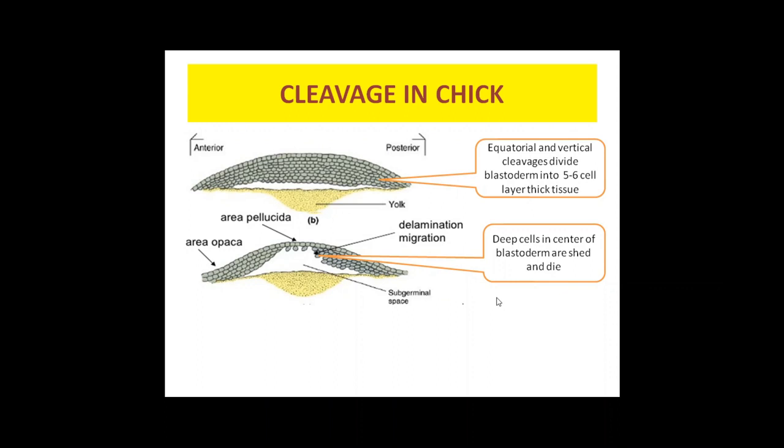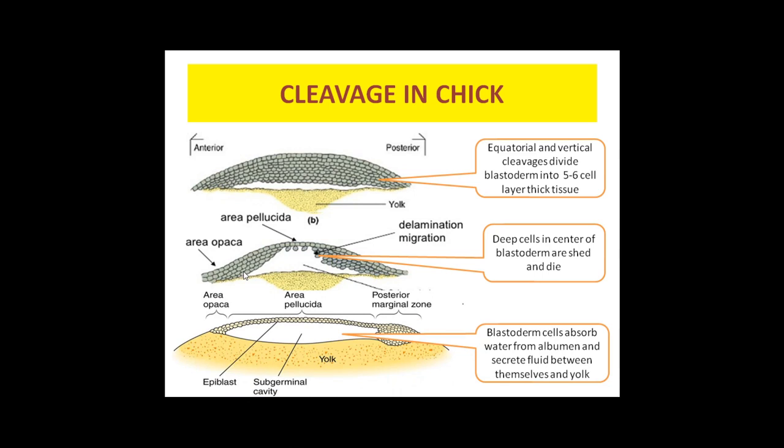The area surrounding the area pellucida, where the cells are not shed and are still multi-layered are called area opaca. And the zone between area pellucida and area opaca is called the marginal zone.